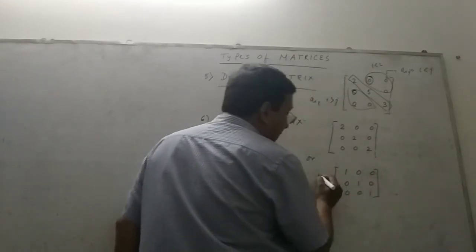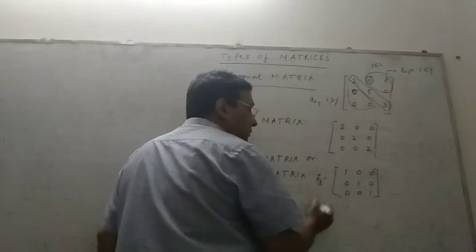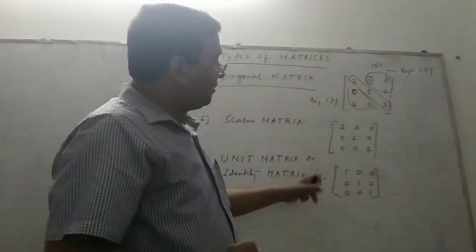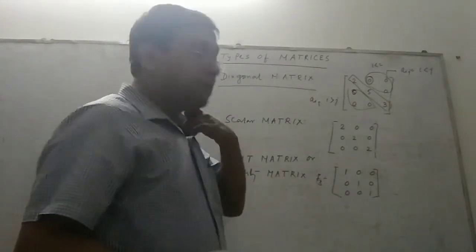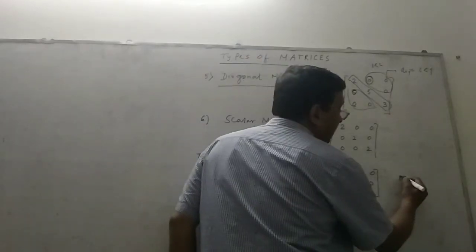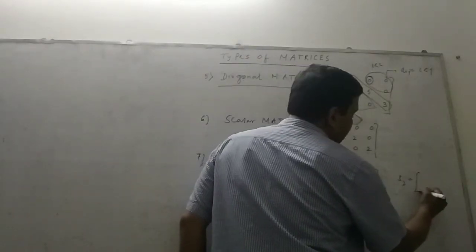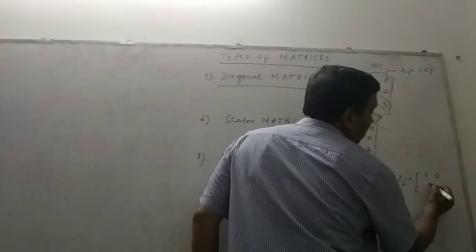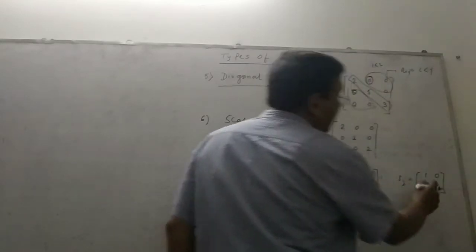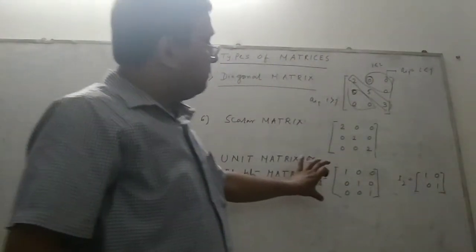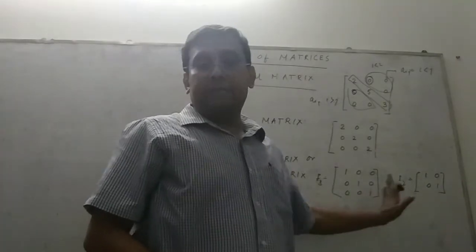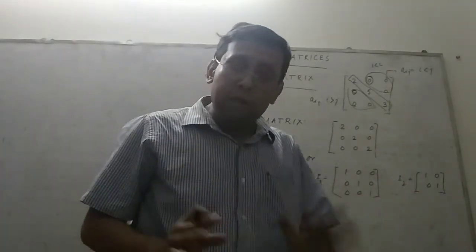This is I3, the 3 by 3 identity matrix. Similarly, a 2 by 2 identity matrix can be written as 1 0, 0 1. These two are very, very important. That's why I have defined both of these identity matrices. I hope you have understood.